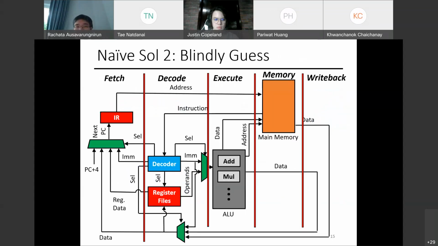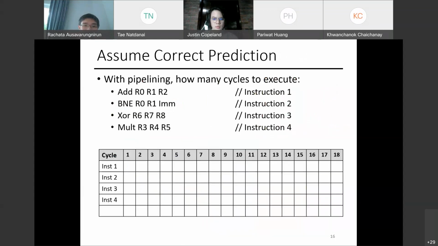This is similar to a blind guess, right? Over here, fetch, decode, execute, memory, and write back. And then you guess here. And then you decode, execute, memory, and write back. So if you guess correctly, yay, I'm fine, go ahead.